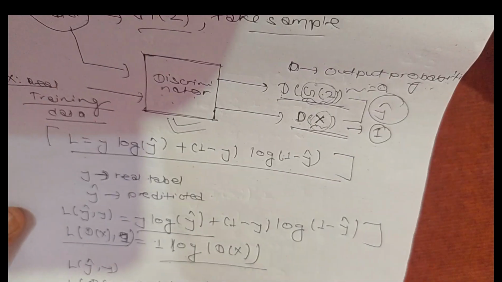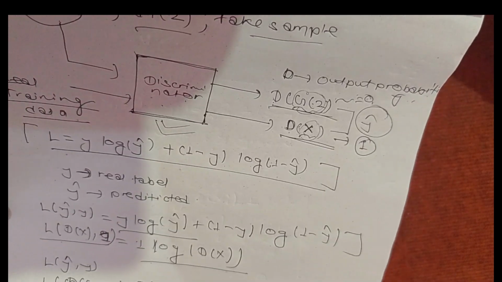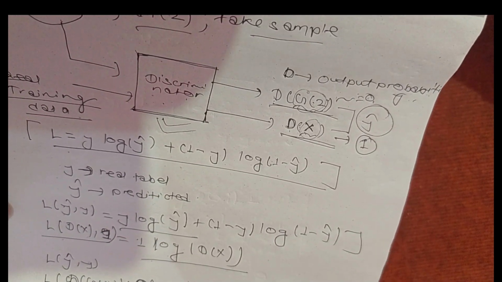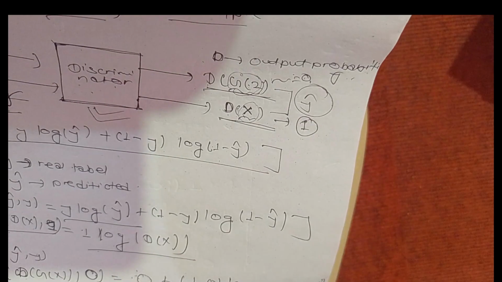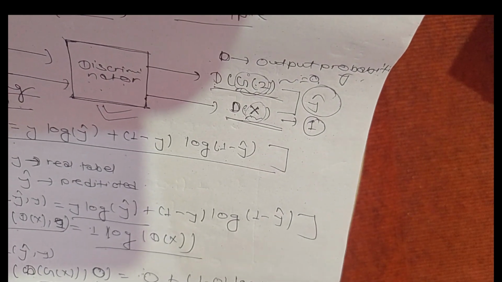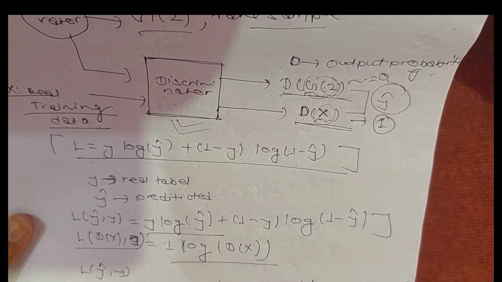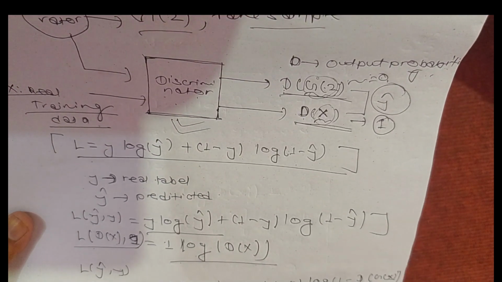So we arrived at these equations: 1 minus d of g of x, this is not x actually, this is z, d of z. So this is our second objective for the generator.